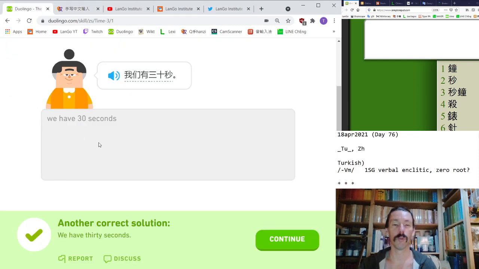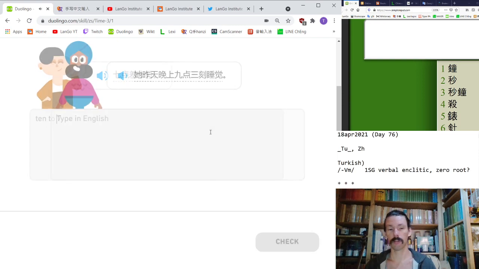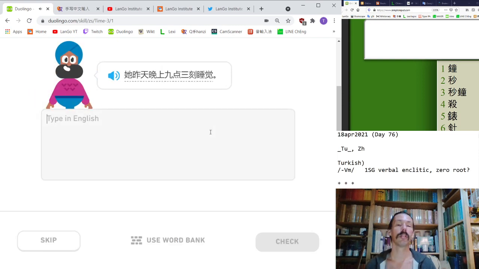To give, toward. 7点差10分。 7 o'clock, lacking 10 minutes. 10 to 7. 他昨天晚上9点3刻睡觉。 9点3刻，3刻，OK，睡觉。She went to sleep at 9:45, 3/4 past 9.